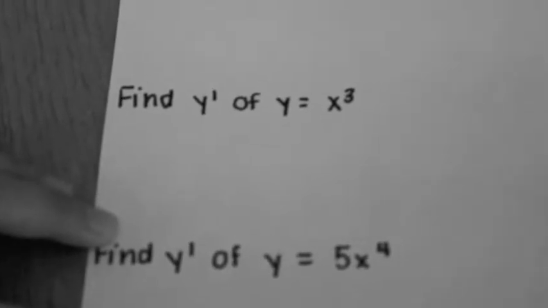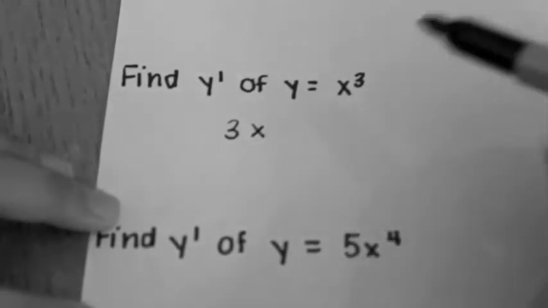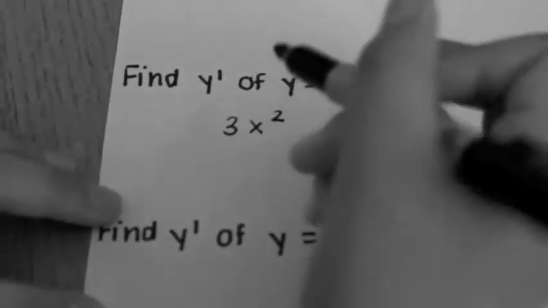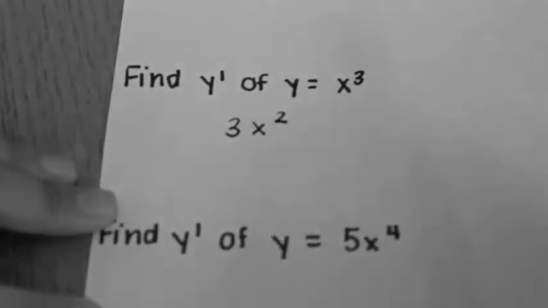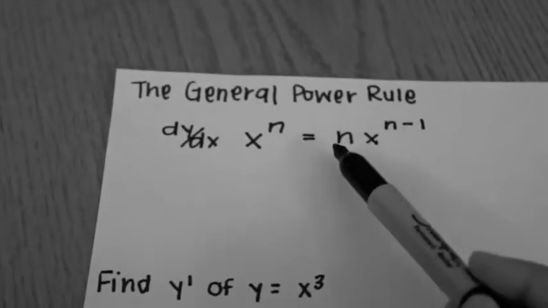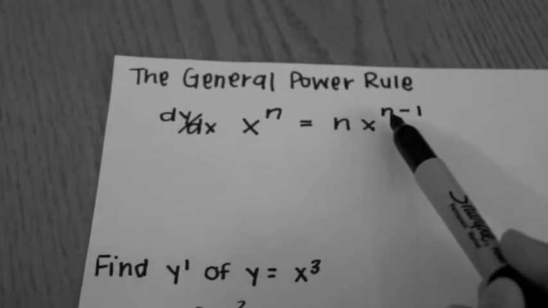You multiply 3 down, your exponent, keeping x there, and subtracting 1 from 3 is 2. So the derivative is 3x squared, which, going back to your general power rule, you're just multiplying your exponent down and subtracting your exponent by 1 to get your derivative.